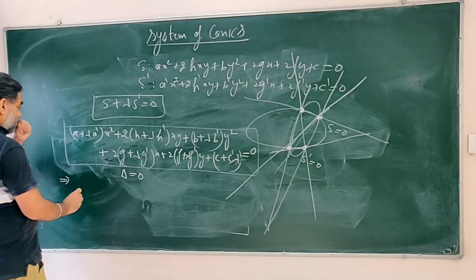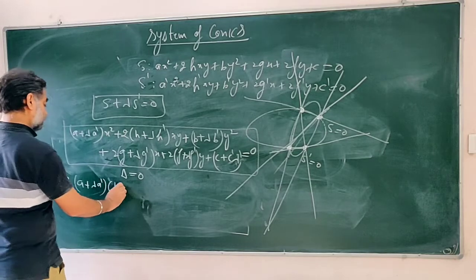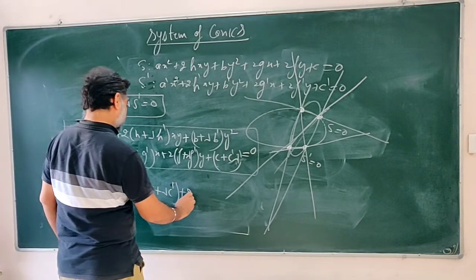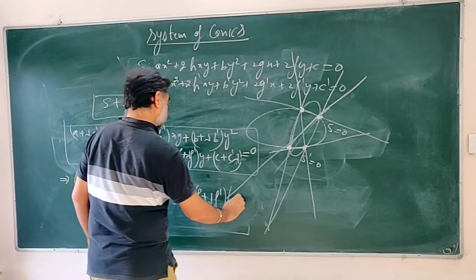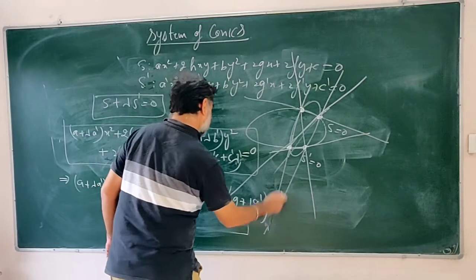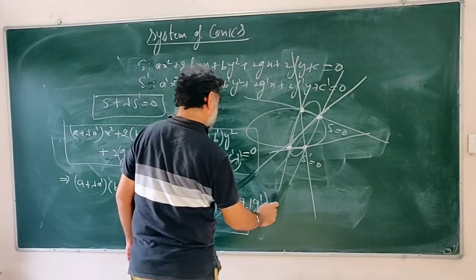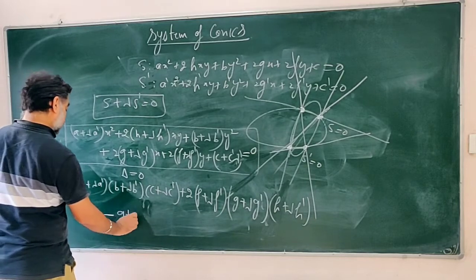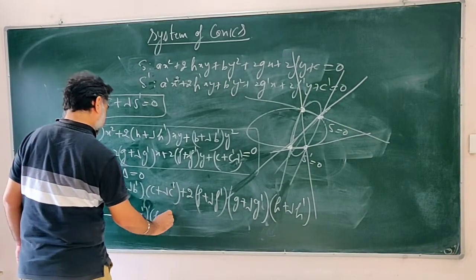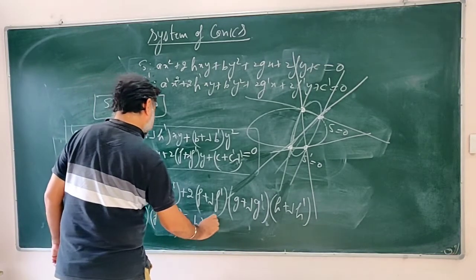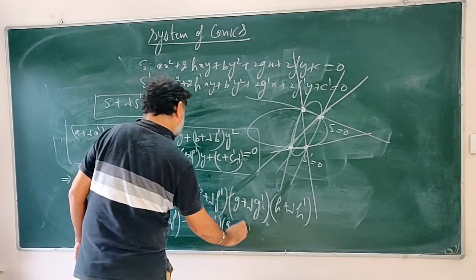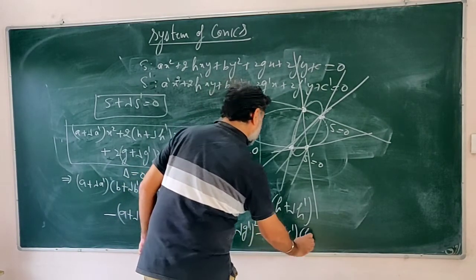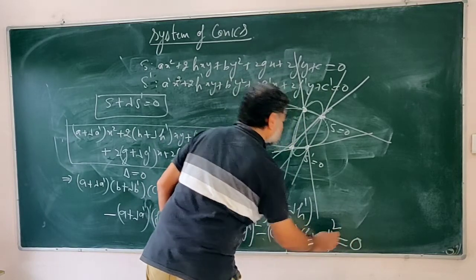This implies ABC plus 2FGH minus AF square minus BG square minus CH square equal to 0.